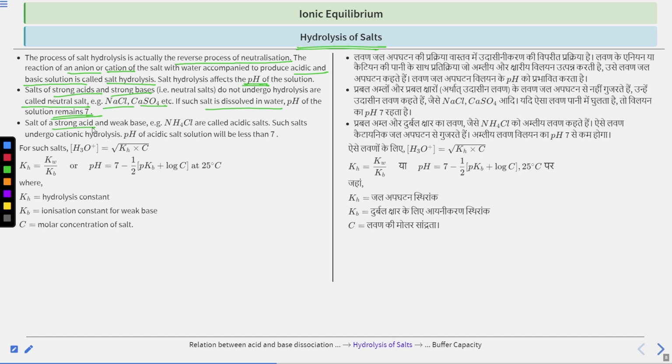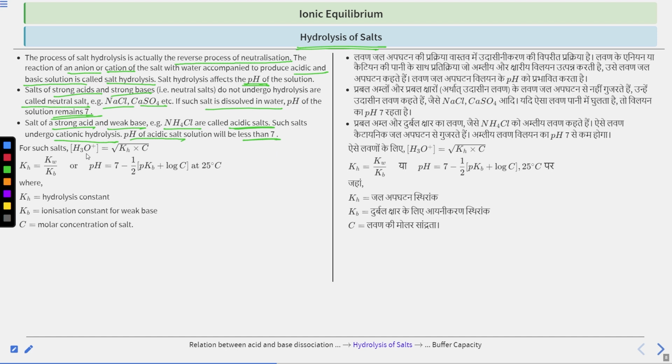Salts of strong acid and weak base, for example NH4Cl, are called acidic salts. Such salts undergo cationic hydrolysis, and the pH of an acidic salt solution will be less than 7.